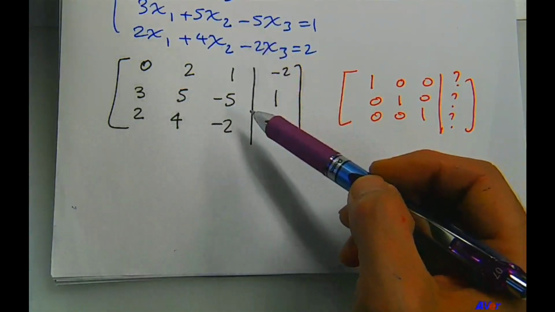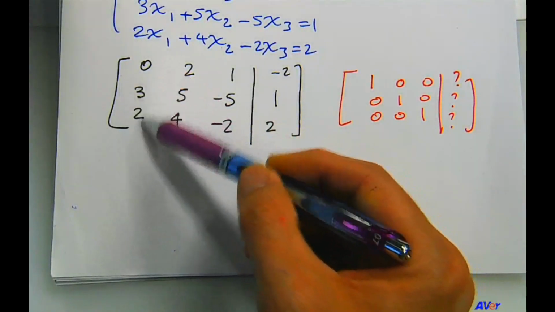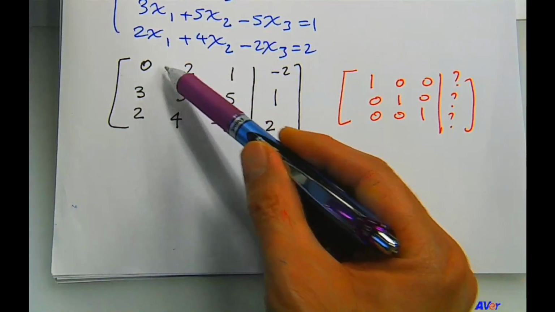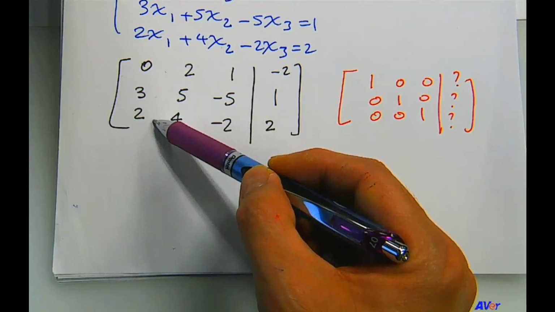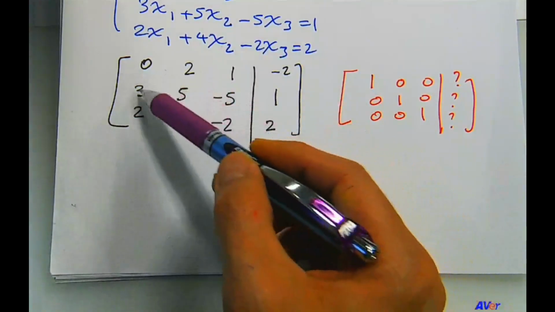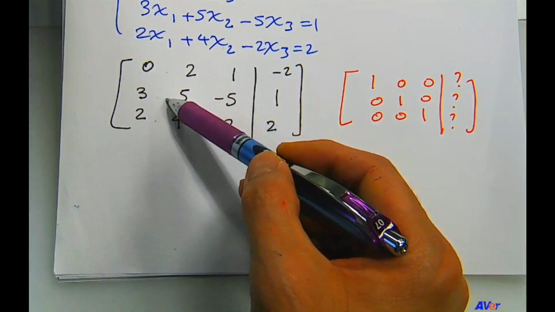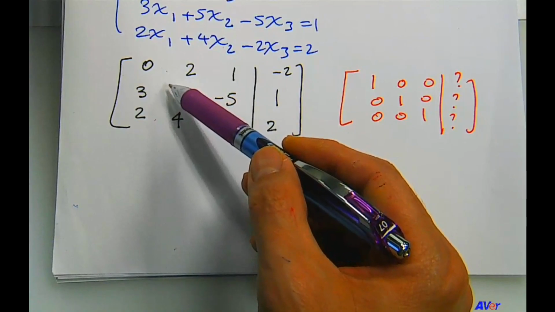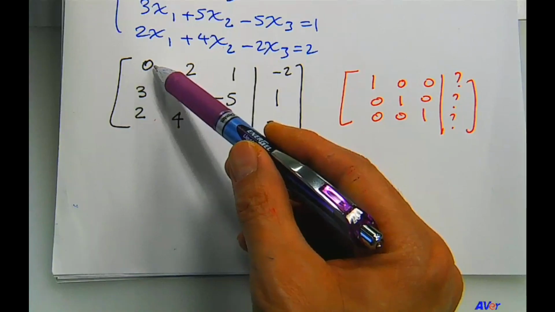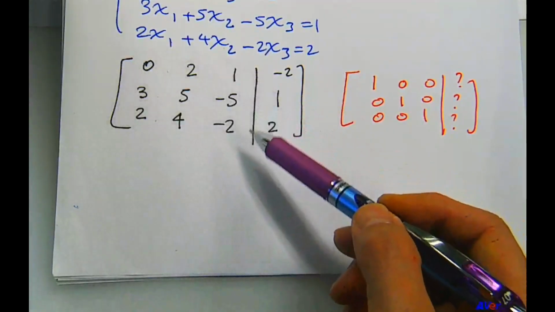So we must interchange row 1 with one of these two rows. Either interchange it with row 2 or interchange it with row 3. But which one? Well, if you interchange row 1 with row 2, you're going to get a 3 in that corner, and then to get a 1, you'll have to multiply that whole row by 1 over 3.